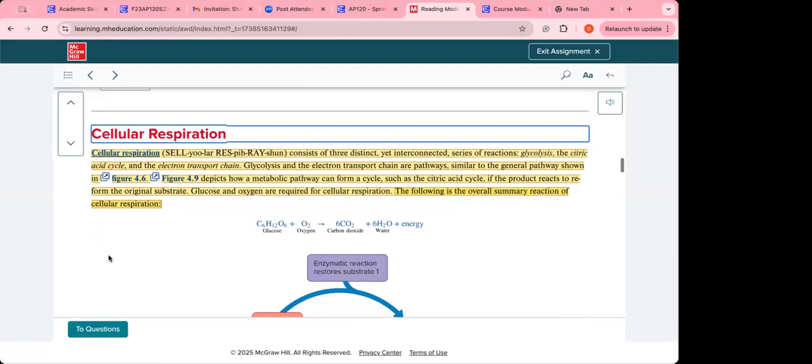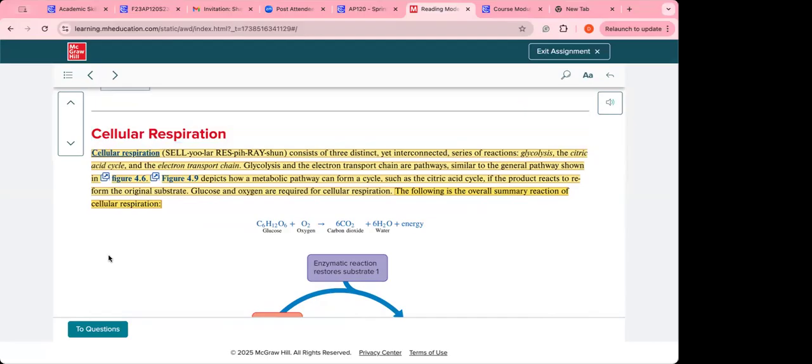Look at the formula, look at the right-hand side of the formula, and fill in the box that's missing. So on the right-hand side, there are three things, right?